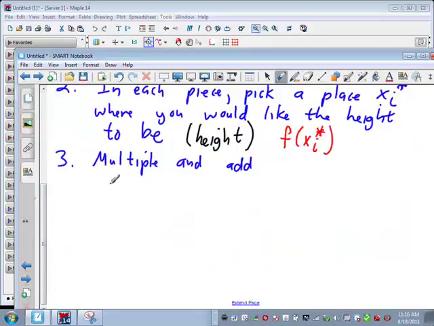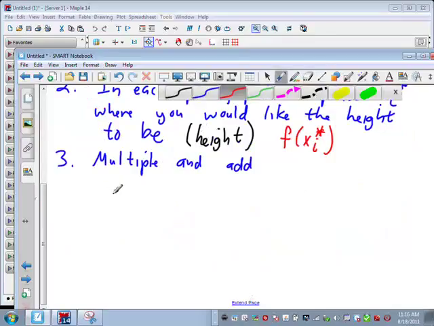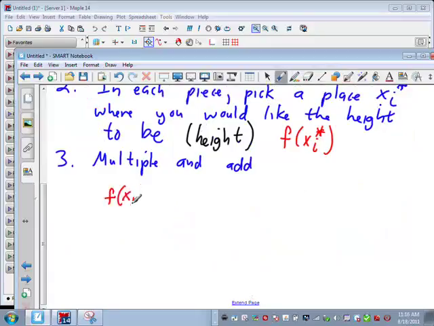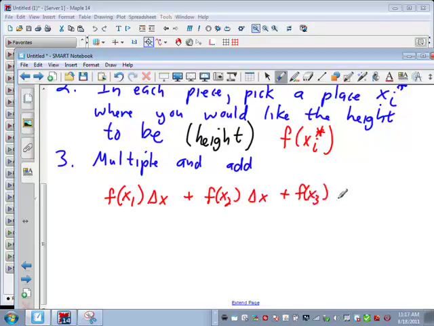So multiply and add. The height of the first one is f of x1 times delta x. The height of the second one is f of x2 times the width, and I can put stars if I want. And then f of x3 times delta x. And I'm going to add these up all the way until the last one, f of xn times delta x.